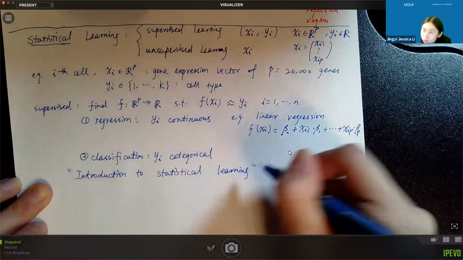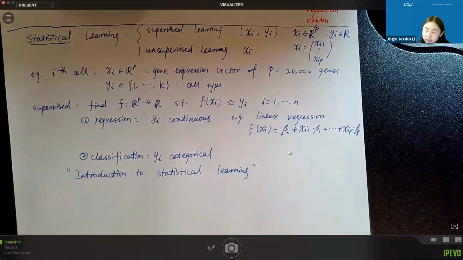I think it's probably 101 or 102 here. One of the classes uses this book. So it has a lot of R code and real data examples to follow. So that's something I would strongly recommend. And you can find the PDF version freely available online. The authors have generously made the PDF available. But of course, you are encouraged to purchase it if you find the book good.